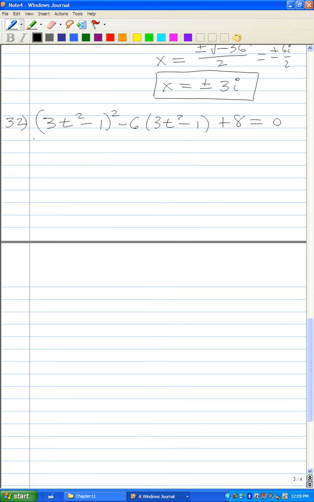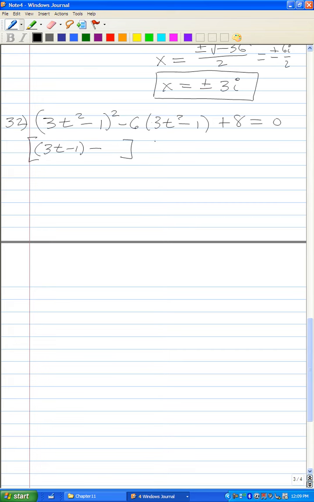And so, again, this is quadratic in form. It's quadratic in the variable 3t squared minus 1. And so I can factor this as 3t squared minus 1.